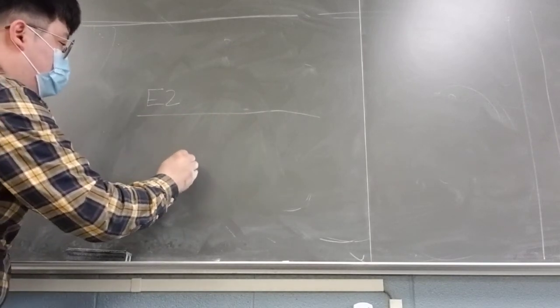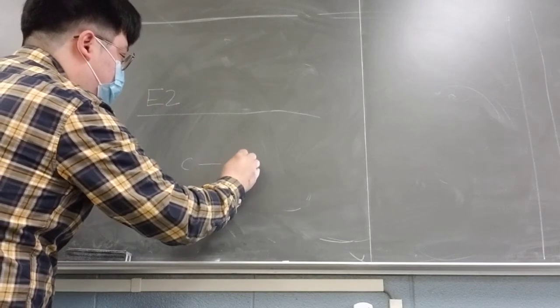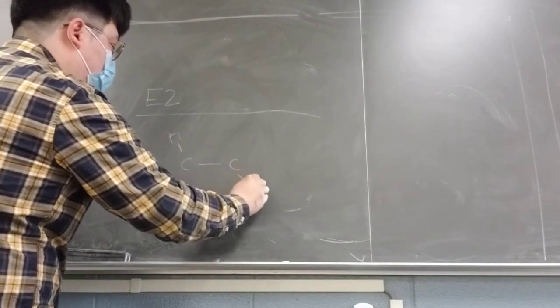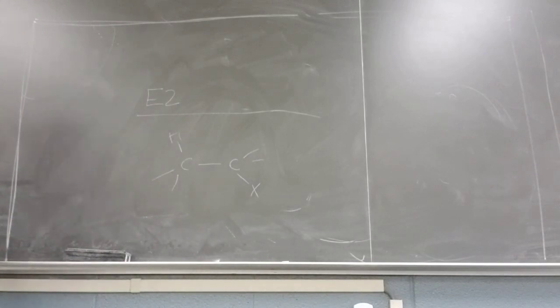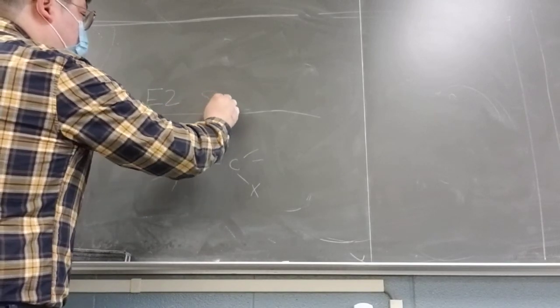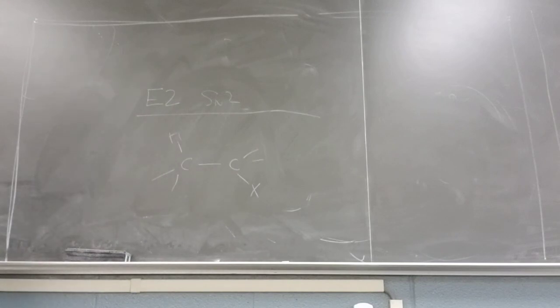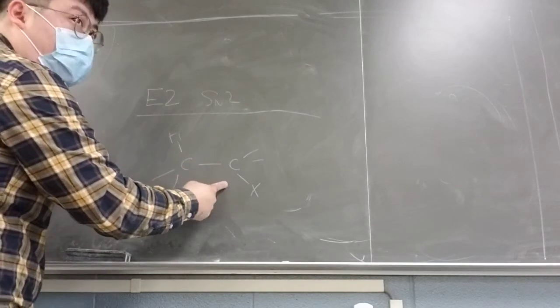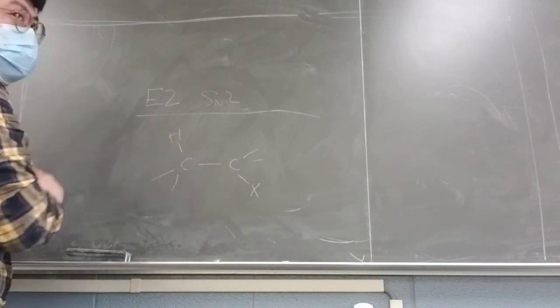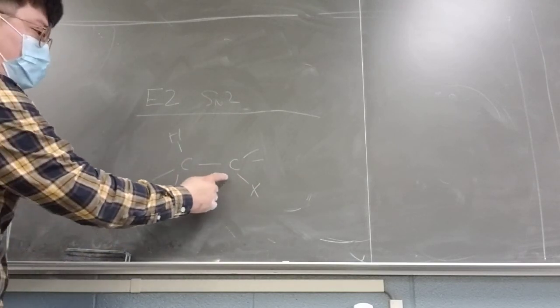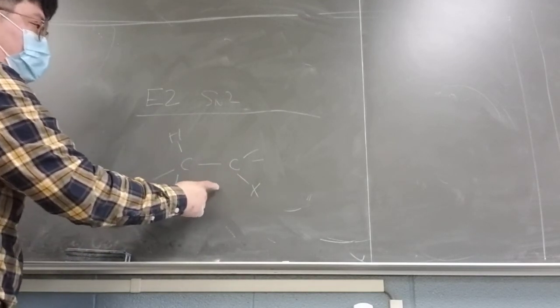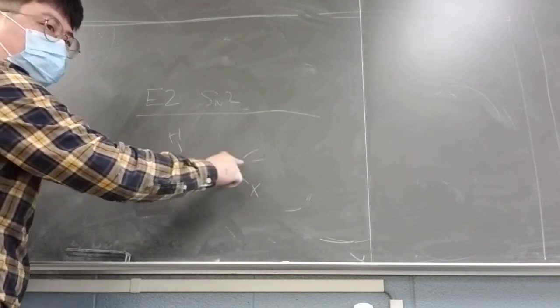This is pretty much the same mechanism you saw in SN2. SN2 happens almost simultaneously, right? The leaving group leaves, and your nucleophile attacks from the back. But in this case, they're going to take the hydrogen, not attack the position where you have the leaving group. So they're not coming from the back, but they're coming onto the anti-periplanar position.